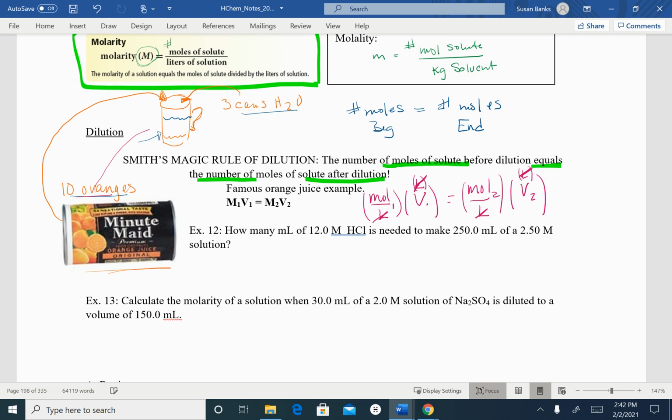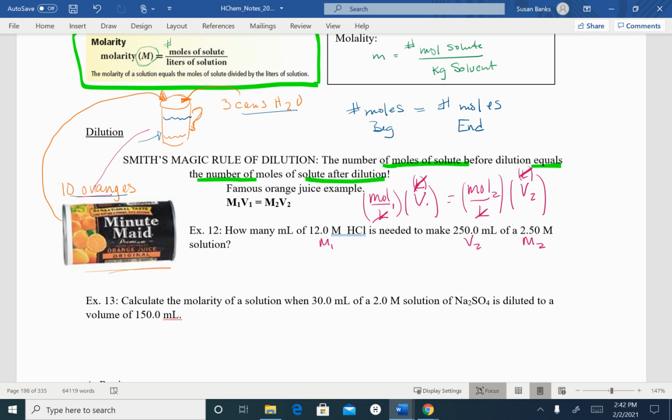So let's go in and label these things. Our 12 molar hydrochloric acid solution is definitely molarity 1. Needed to make, so that is what we want to end up with. So this is my volume 2, and a 2.5 molar solution, that is my molarity 2.